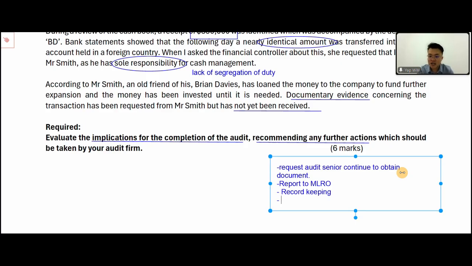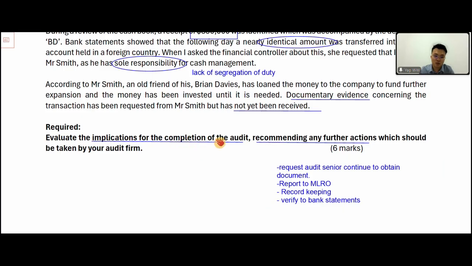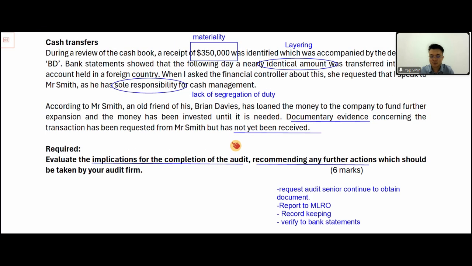So I want to look at their production or expansion plan, to see whether they really need the money or not. Then verify the bank statement to confirm what money actually came in and went out of the bank account. I think you can see that these four points are more than enough to score the 6 marks, because we have a number of points for the requirement. That's how we answer questions.